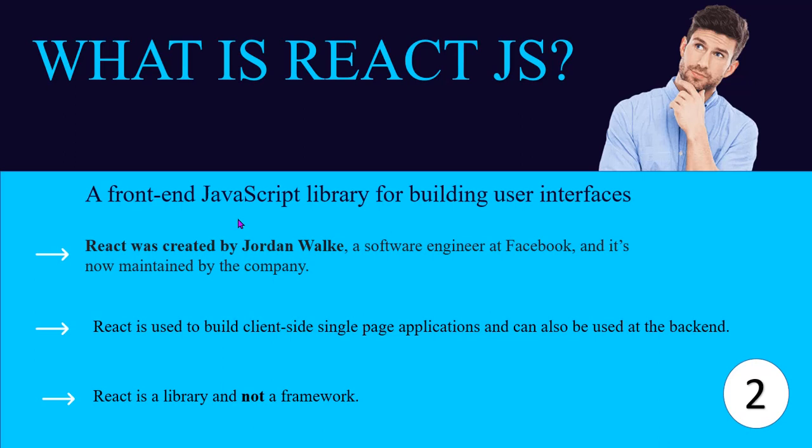React itself as a core package cannot be used to build a fully fledged application unless you pull in other utilities and third-party libraries and packages. So for instance, let's say you want to pull in routing. Okay, let's say you want to be able to navigate to other pages and all that.